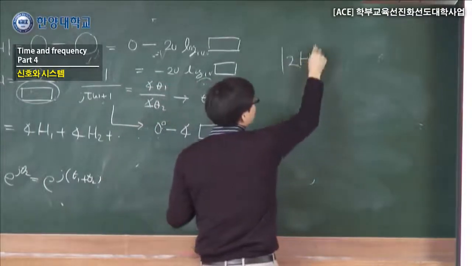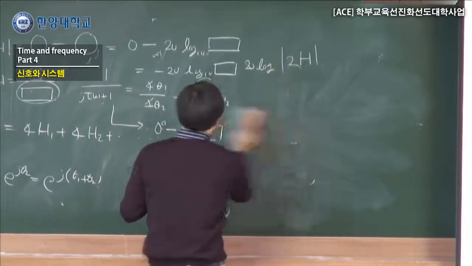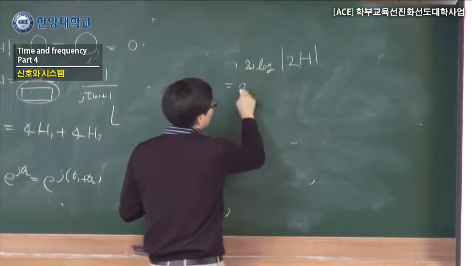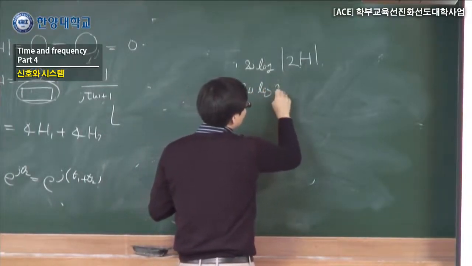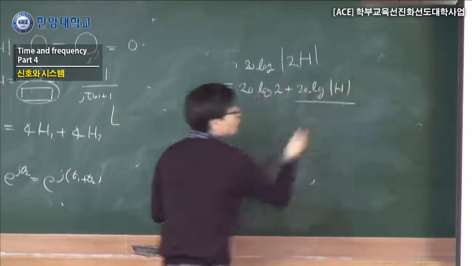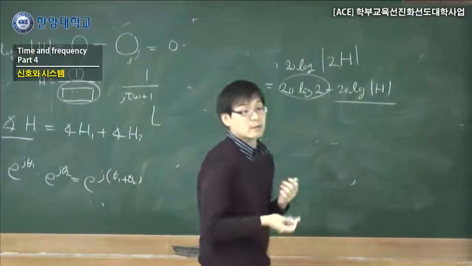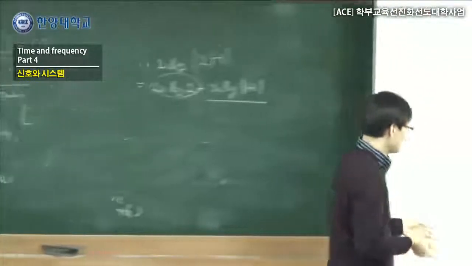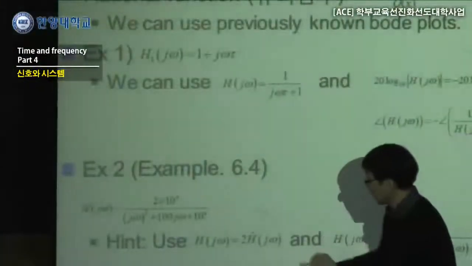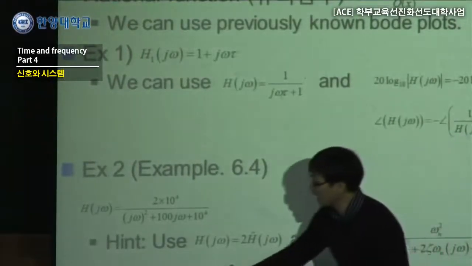If you want to know its magnitude, it will look like 20 log 2 plus 20 log h. This is what we already know, and this is what we added in here. So, in case of magnitude, we have the original one we already know about, over here. We just add this value.